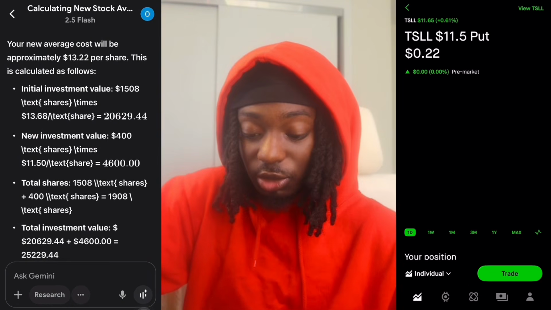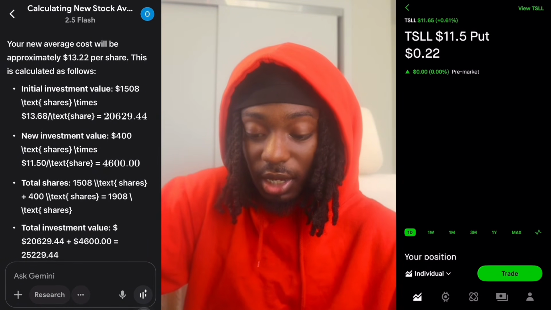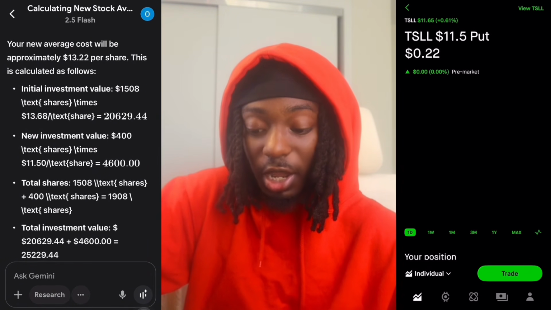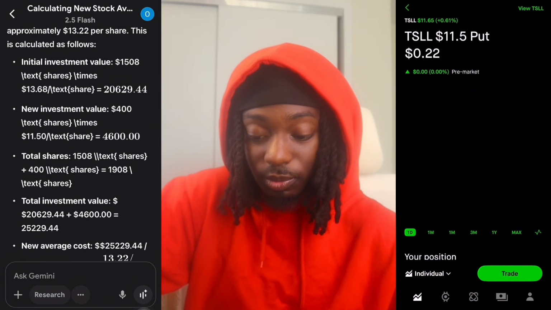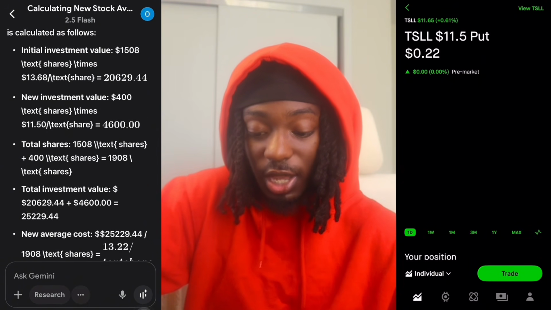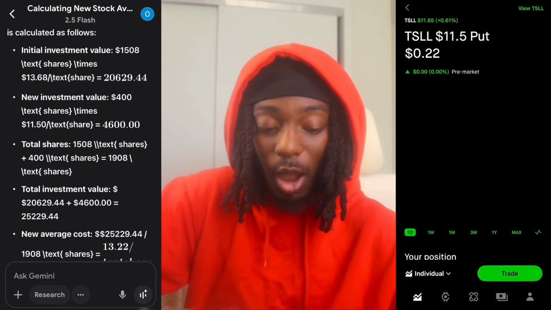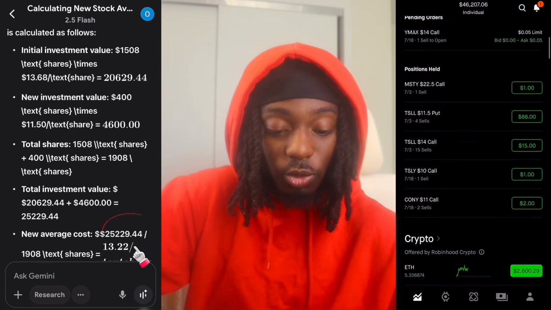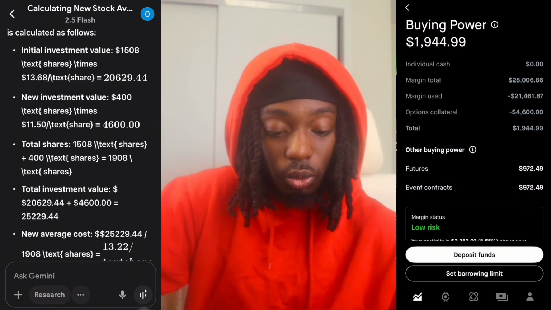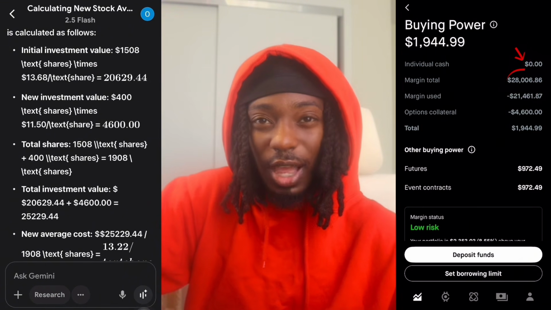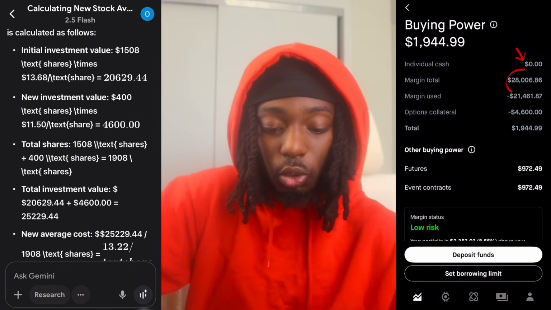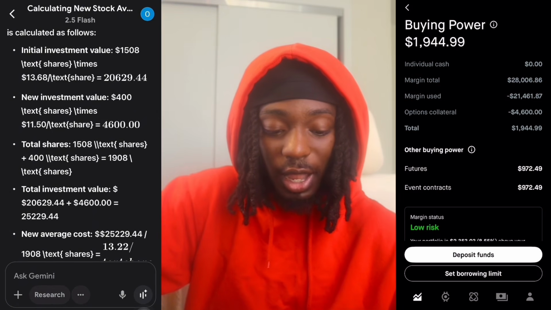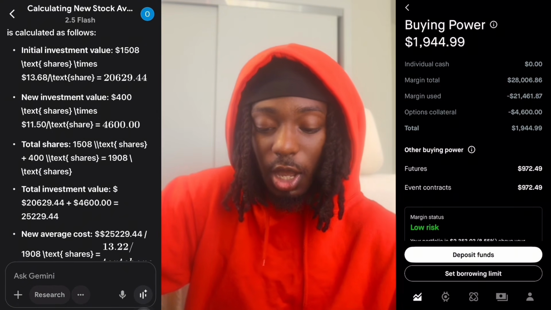So we'll go back to the $11.5 put, right? And then it shows my shares, and then my shares will increase from 1508 to 1908. And then it adds up all these numbers, and then my new amount of money that I will have invested within Tsll is about 25,000, which is kind of reflective to the margin total. I have been purchasing other things on margin, so it's not too accurate, but you see the margin used, that's a large portion.